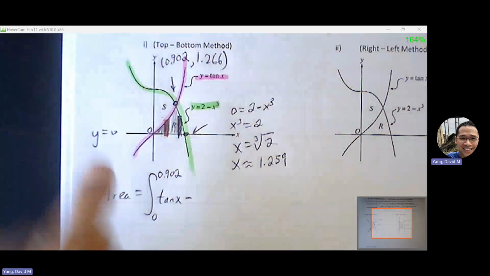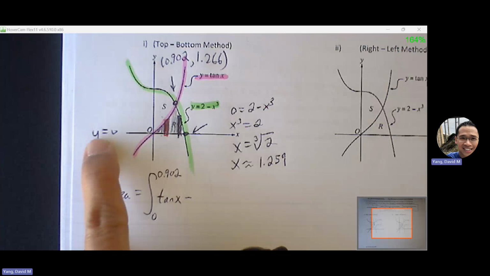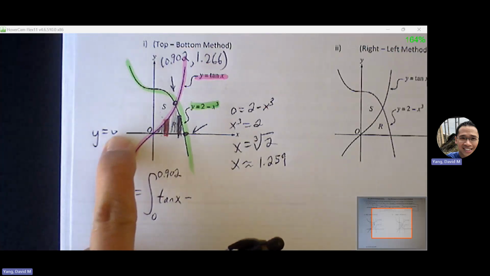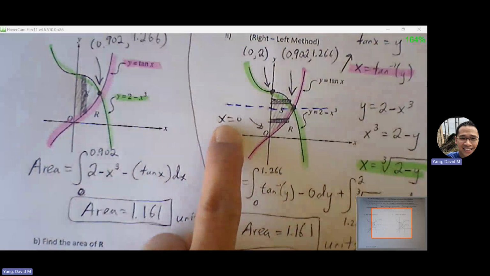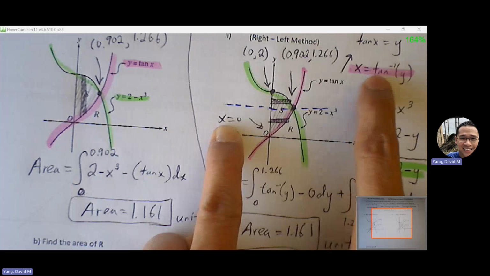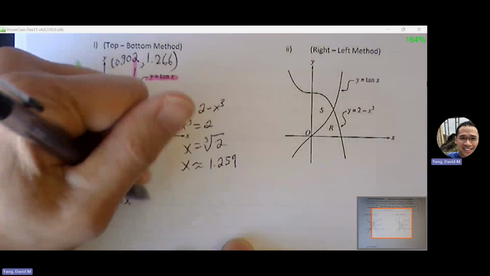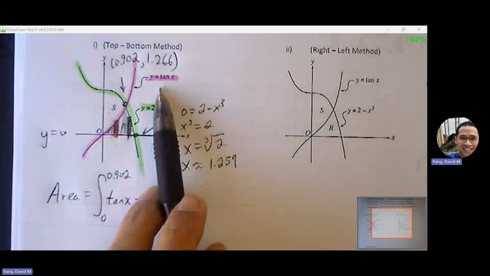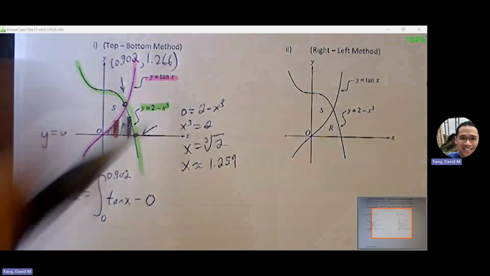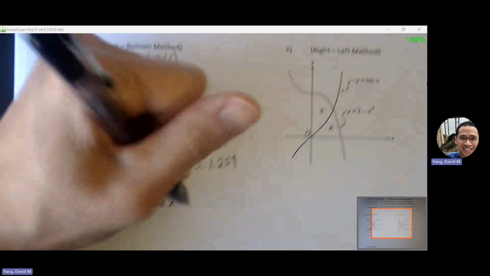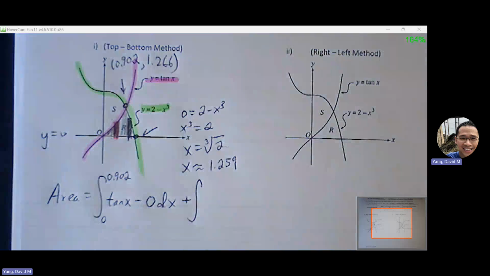And if you look at this equation, this is a good fit for top minus bottom, right? Anytime you see y equals, you know that the right side is a good match for a top minus bottom. Versus if you see x equals, you know that this is an indication that these are good forms for a right minus left relationship. So y equals 0. So that's right. Top is tangent, bottom is 0, dx. Let's close that off and then work on the second region.